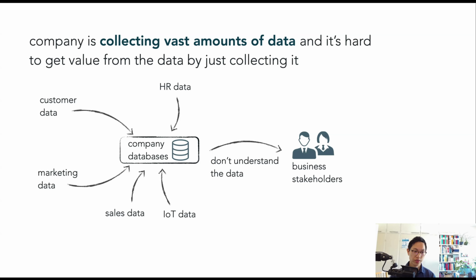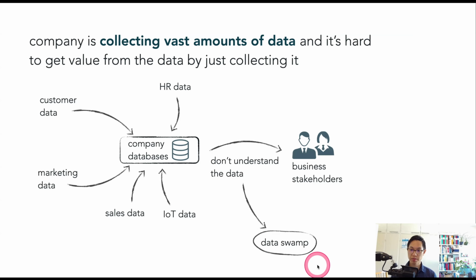Okay, so when they don't understand it, we're just collecting a lot of data. We're collecting more and more data because someone has told the company that, yes, data is the new gold. With data, we can do machine learning, AI, we can make data-driven decisions. However, if they don't understand the data, they will not drive any decisions at all.